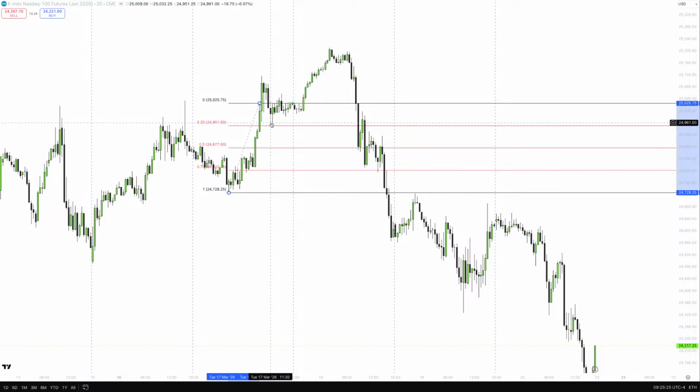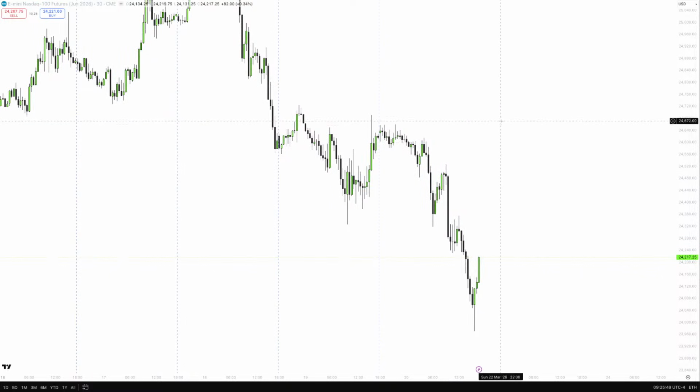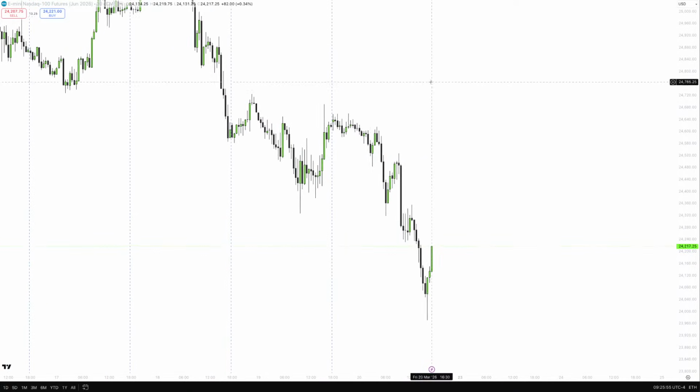What's even higher probability is if we are below the whole daily range and from there take longs again. But what you also have to consider is if we are in a trending market on the higher time frames. Like you can see here on this day, right now, we have a very heavy price action.